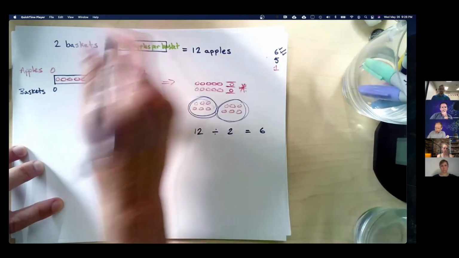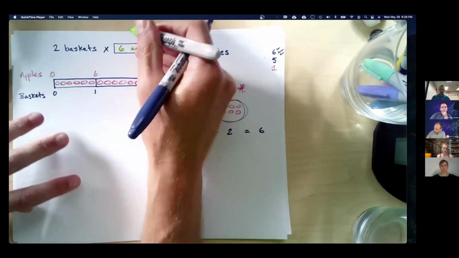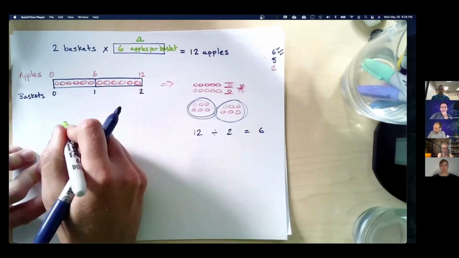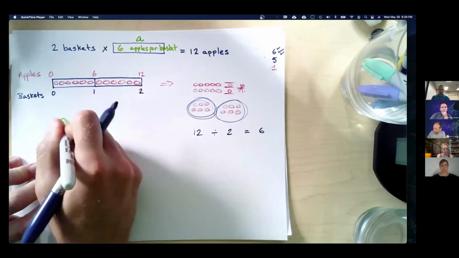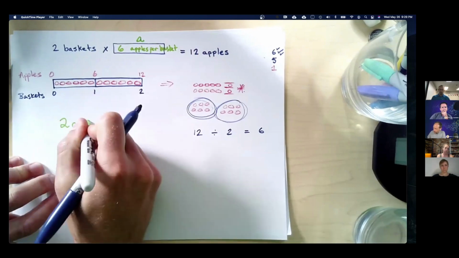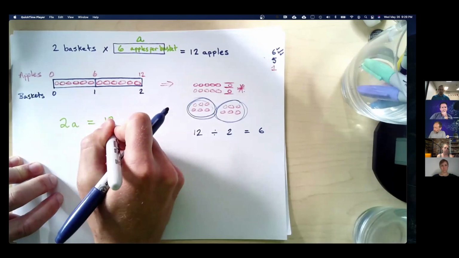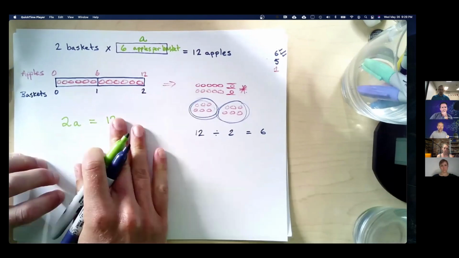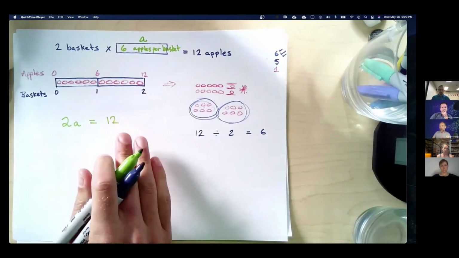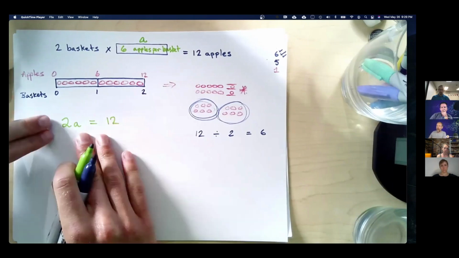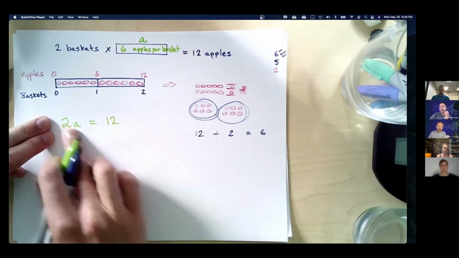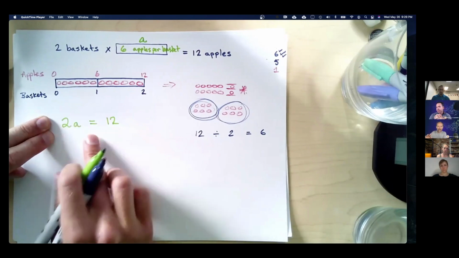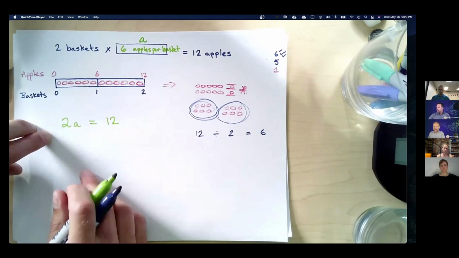What I didn't know here was A, and I can write this as 2A is equal to 12. Maybe in the next day or so, we might talk about how opposite operations emerge from this one-step equation, but probably not yet.